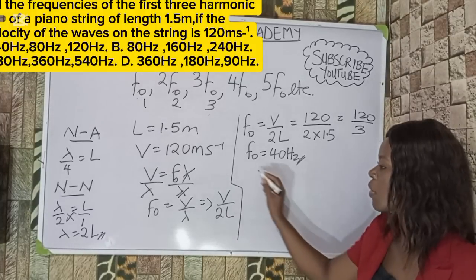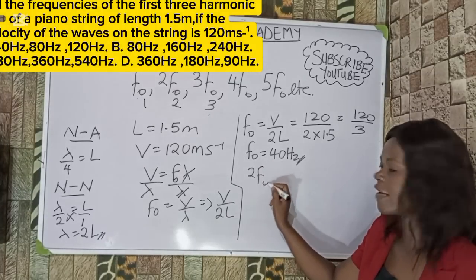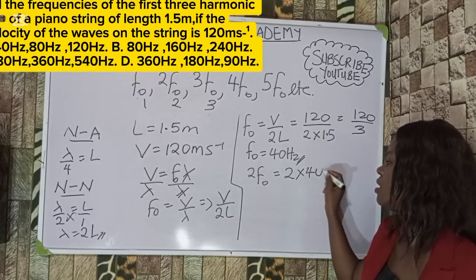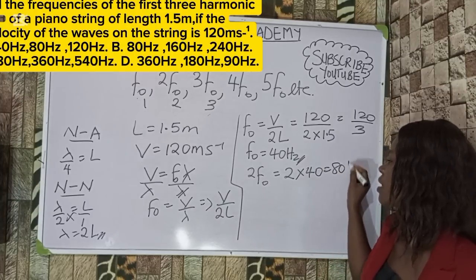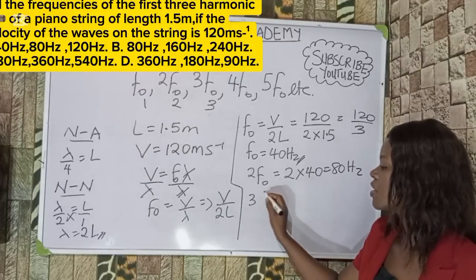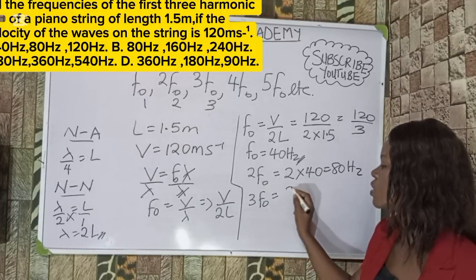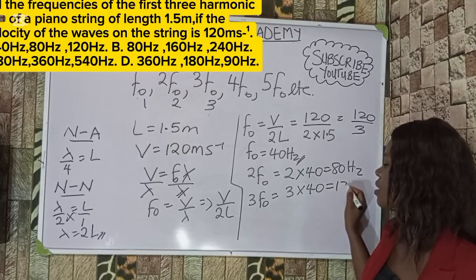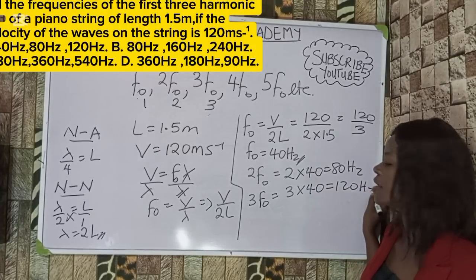Now for me to get the second one, I'm just going to say 2f naught, which is 2 times 40, giving me 80 Hz. Then 3f naught is 3 times 40, giving me 120 Hz.